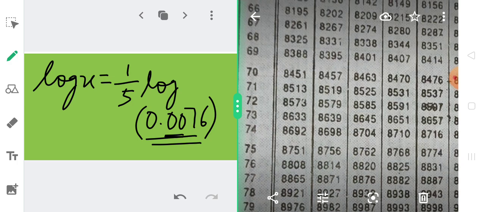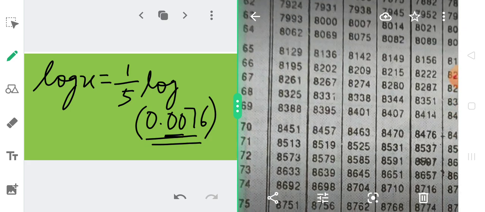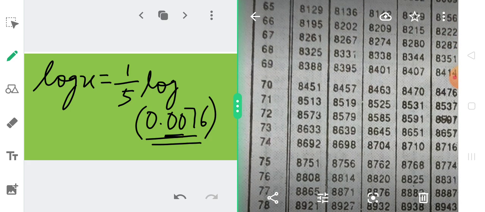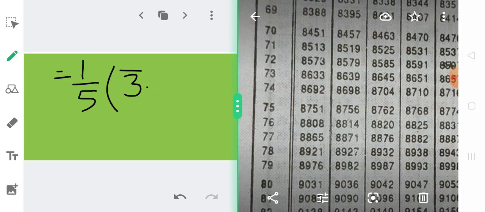The number is 0076, so the number ends at 76. So we don't need to proceed to any other column. We will confine ourselves to the first column only. So for 76, it is 8808. So 3 bar point 8808. See, I am simply noting down the values by looking into the log table.